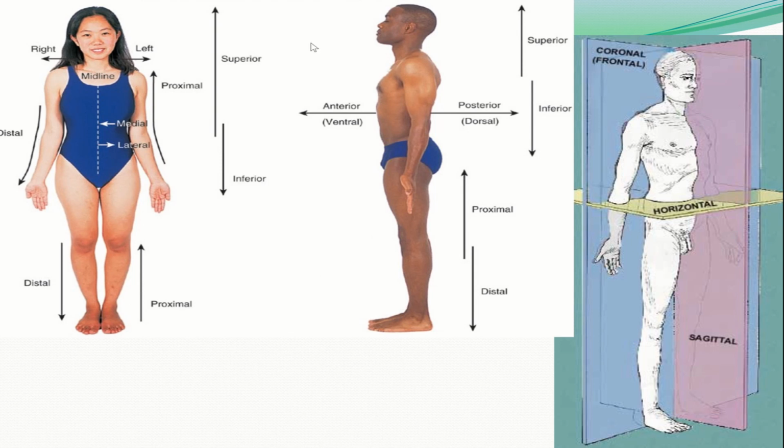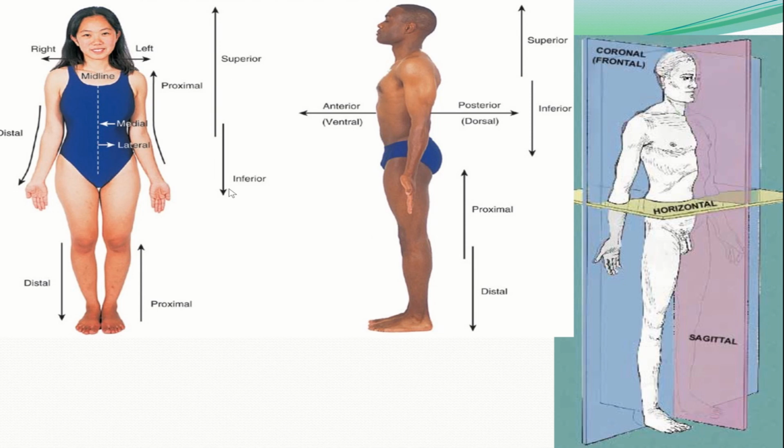So here is just showing you those, and I pulled this image in as well to kind of discuss the idea that these are all terms that are opposites of each other, kind of focused around these planes that are used to divide the body.